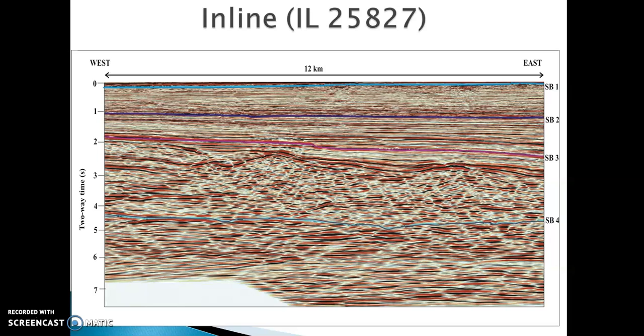This figure shows the inline 25827, which is 12 kilometers in length from west to east, and the sequence boundaries are labeled SB1, SB2, SB3, and SB4.